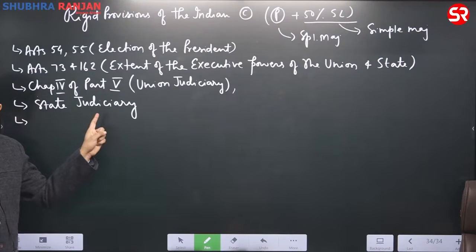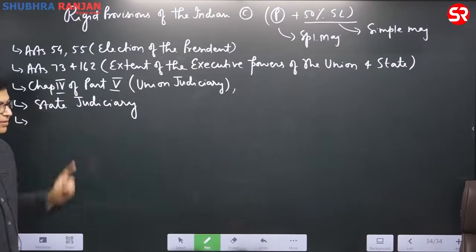It will include the provisions regarding the high courts and the subordinate courts.